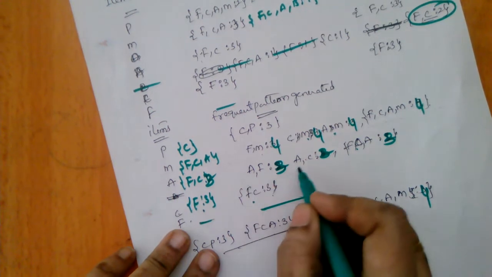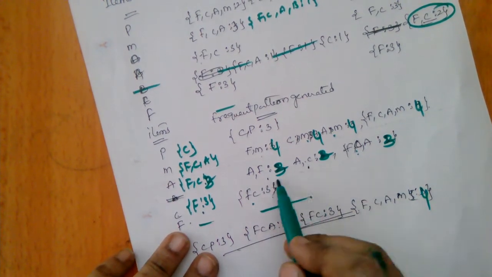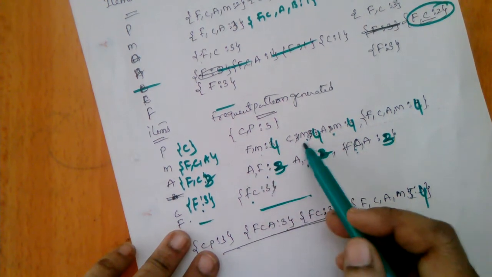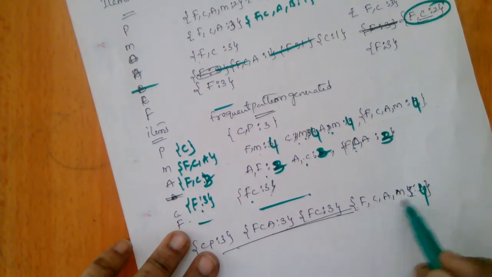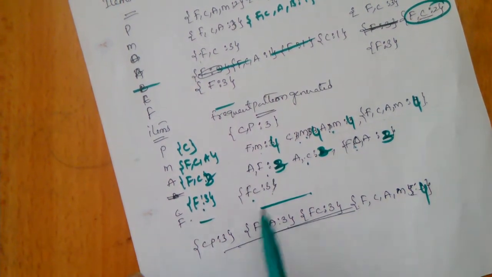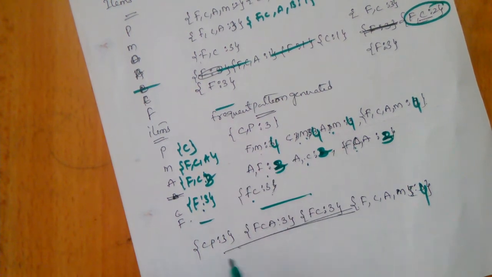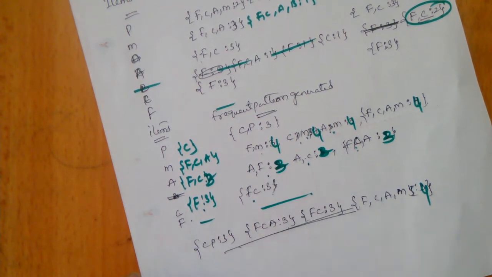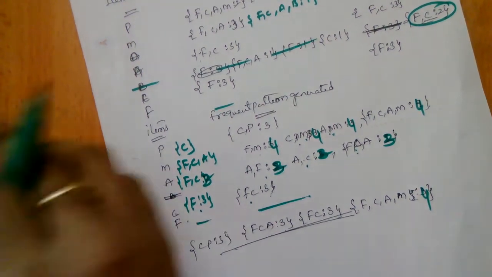Okay, from AF, AC we only get the FCA, so I am not considering these two. From FM, CM, AM we only get FCAM, so I was taking only FCAM. Okay, and here CP 3. These are the most frequent patterns or candidates generated in this given data set D.